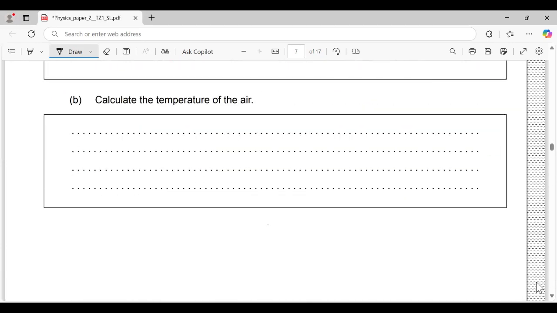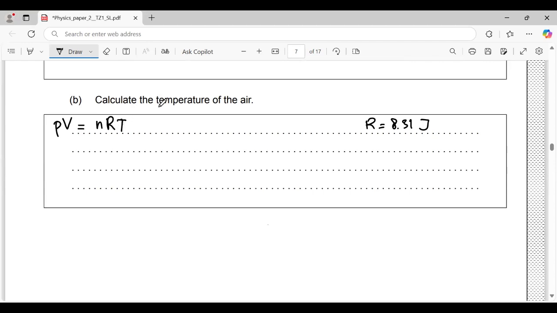Calculate the temperature of the air. We are going to use this formula, PV equals nRT, where P is pressure of gas, V is volume of gas, n is number of moles of gas, R is the ideal gas constant, 8.31 joules, and T is temperature.